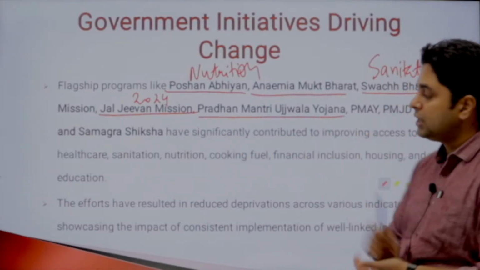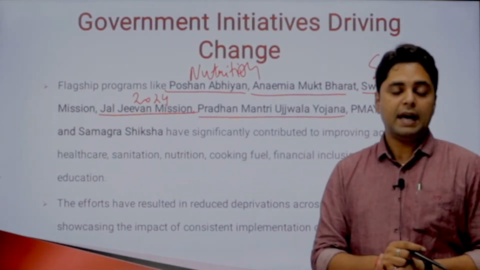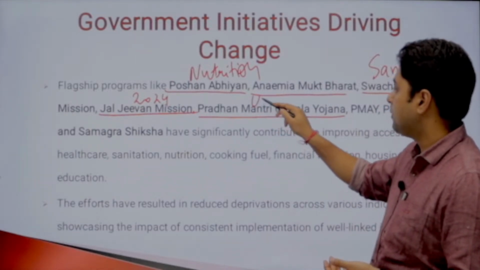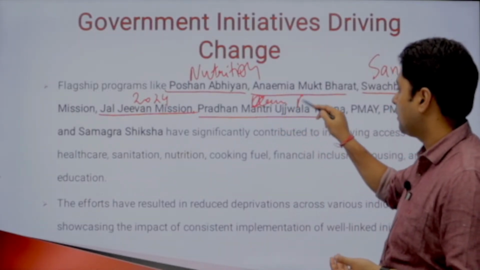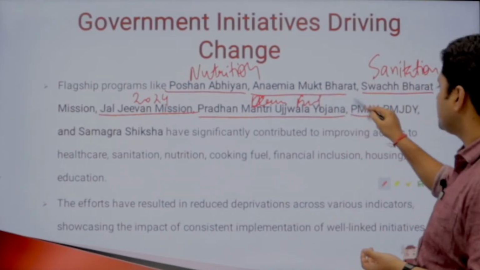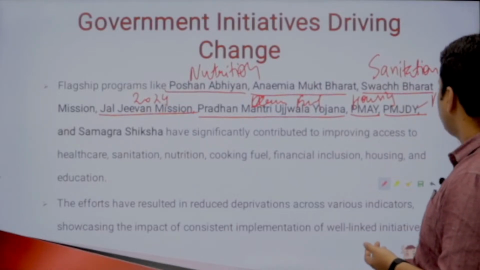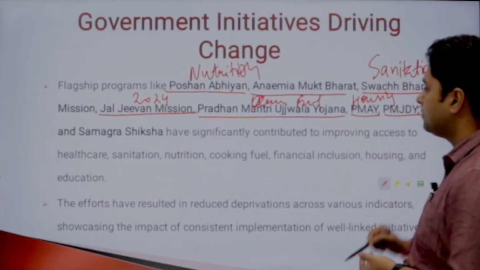Pradhan Mantri Ujjwala Yojana, 9 crore LPG cylinder connections have been given out. Right? So this is for clean fuel. Pradhan Mantri Awas Yojana for housing. Pradhan Mantri Jan Dhan Yojana for banking, financial inclusion.